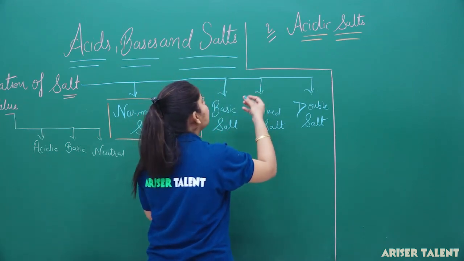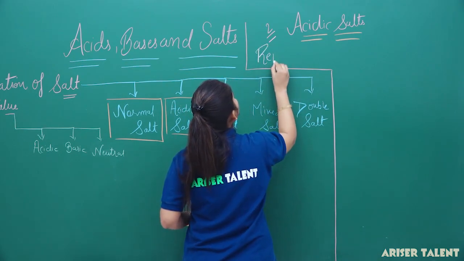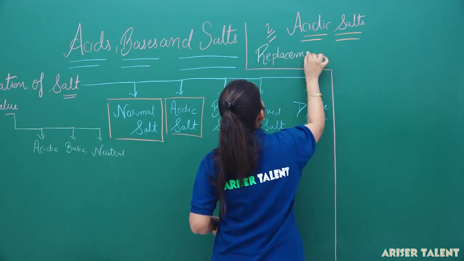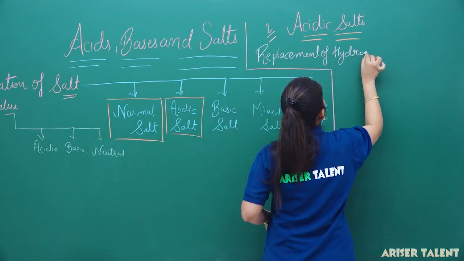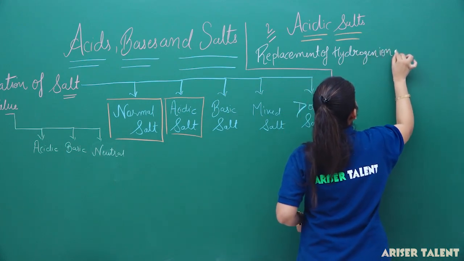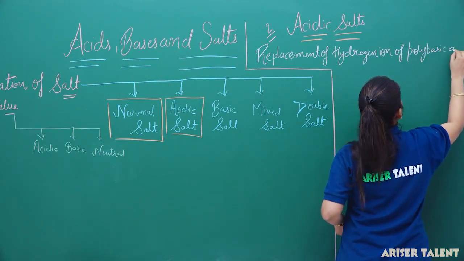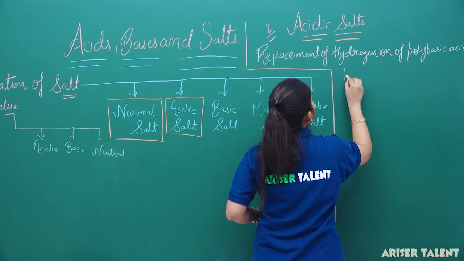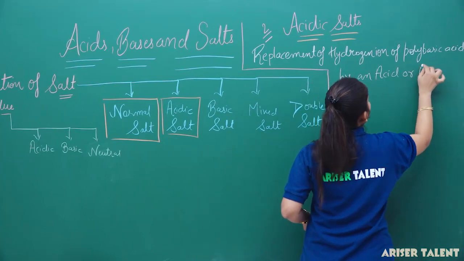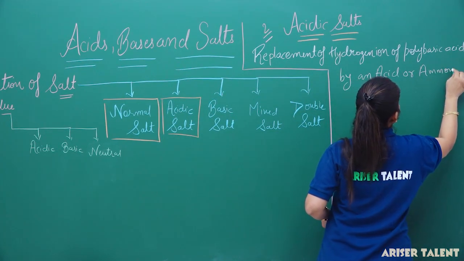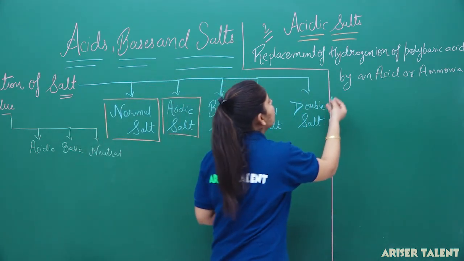So in the case of the acidic salt, there is a replacement of the hydrogen ion of the polybasic acid by an acid or ammonia. So in this case, there is basically a replacement of hydrogen ion.